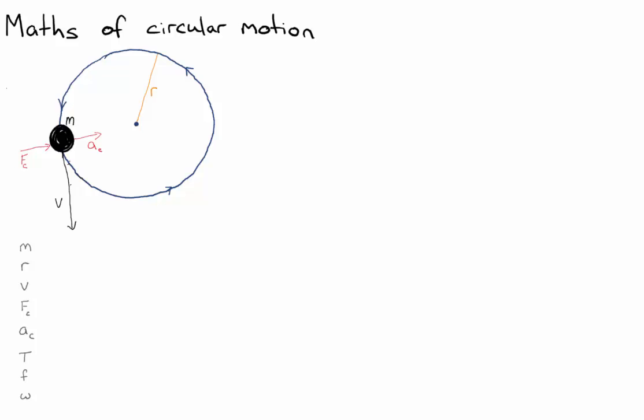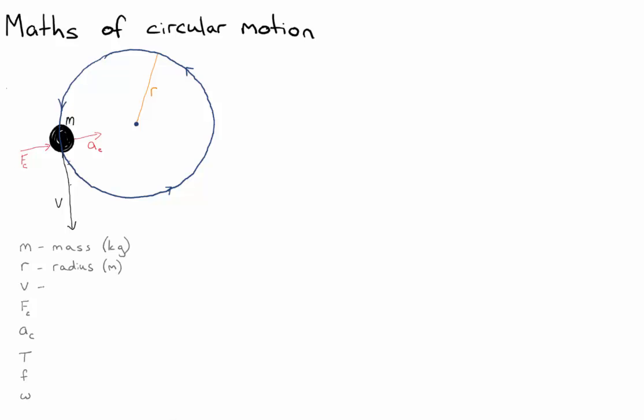So just to summarise the motion, I've written some of the variables that are relevant to circular motion down the side here. Of course, we've got mass measured in kilograms. We have radius, which is measured in metres.